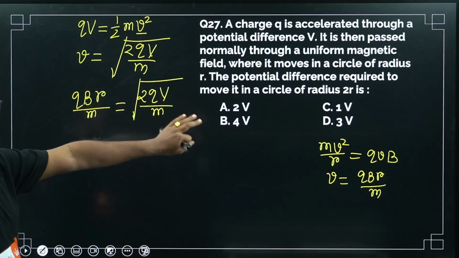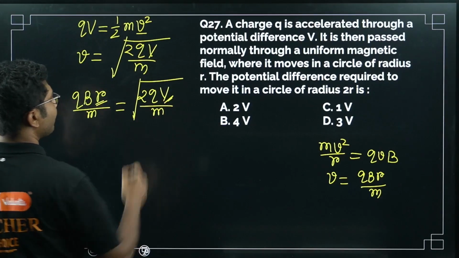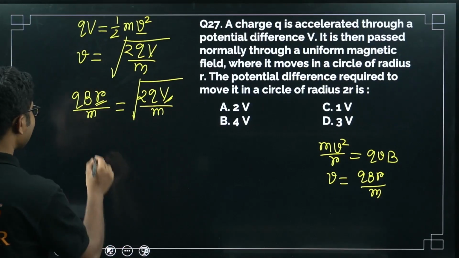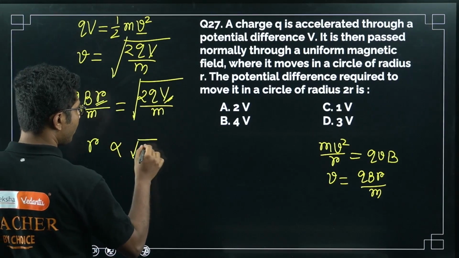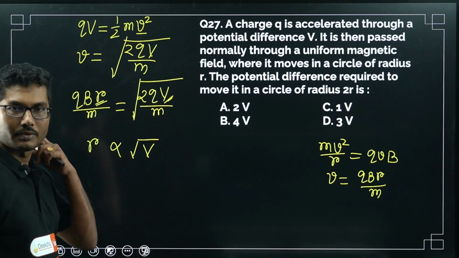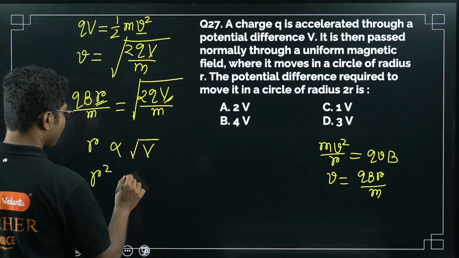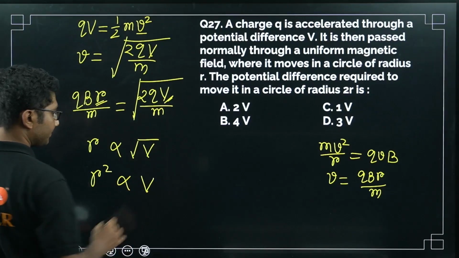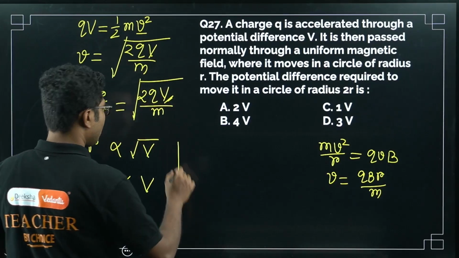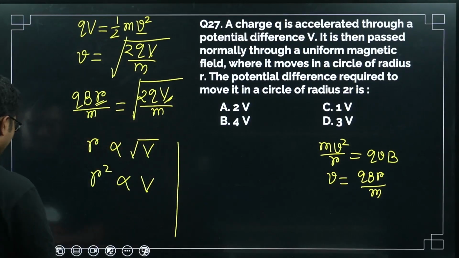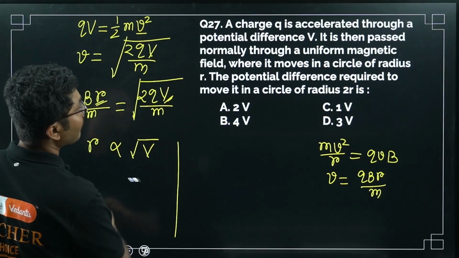Everything in this equation is constant and the only things that are changing are this r and this V. So we can say that r is proportional to the square root of V, or you can say r square is proportional to V. So initially, let's keep it like this only.